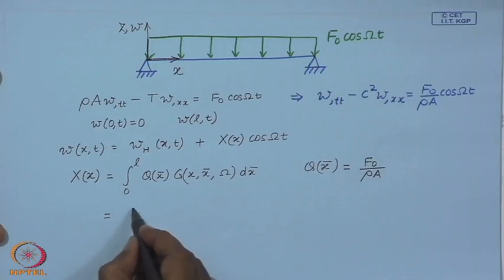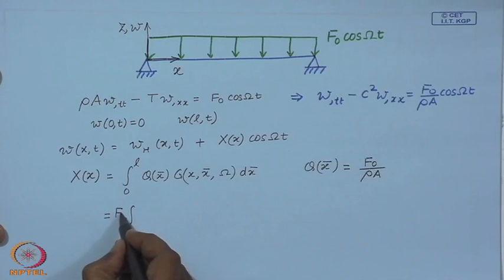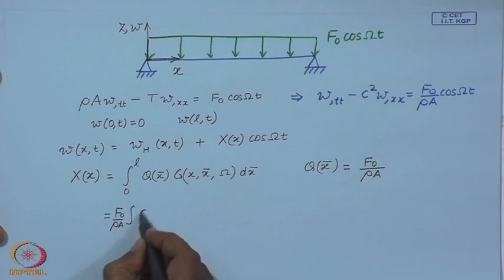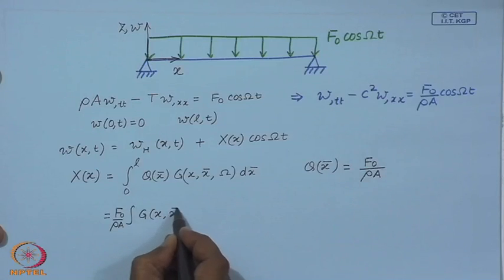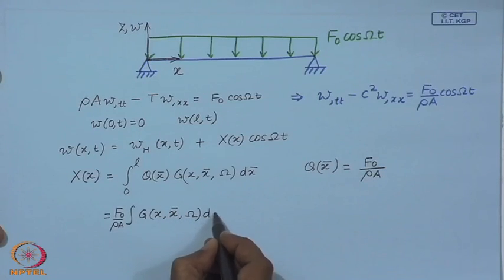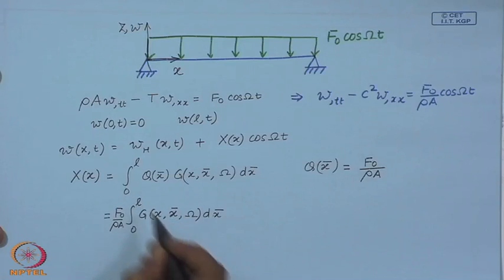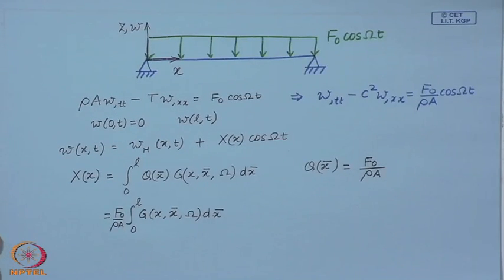We have to perform this integral of the Green's function from 0 to L. Now, remember that this Green's function is the response of the string when a concentrated harmonic force is applied at x equal to x bar. So, this is the response, or the amplitude at x, given by this Green's function.